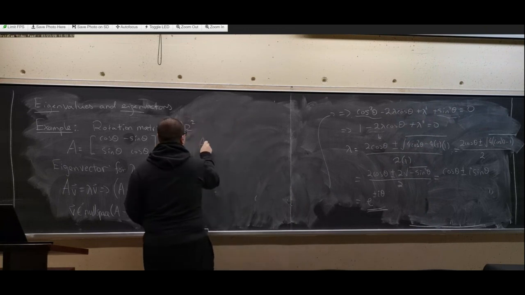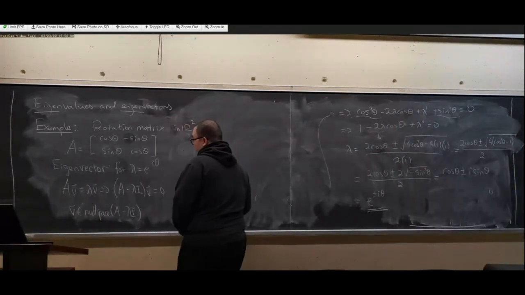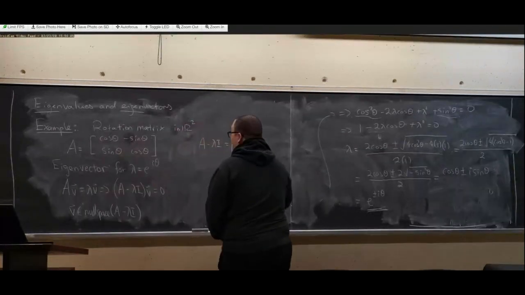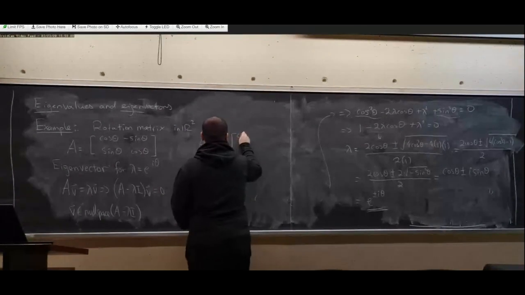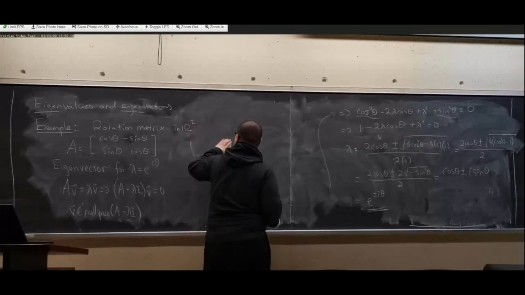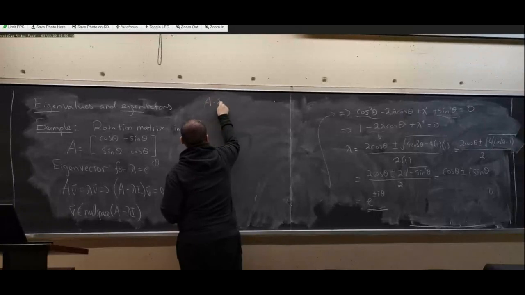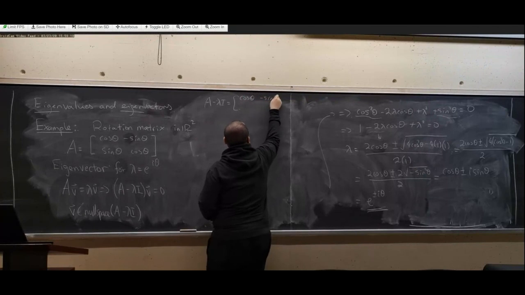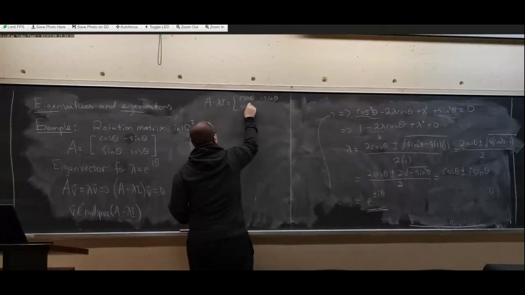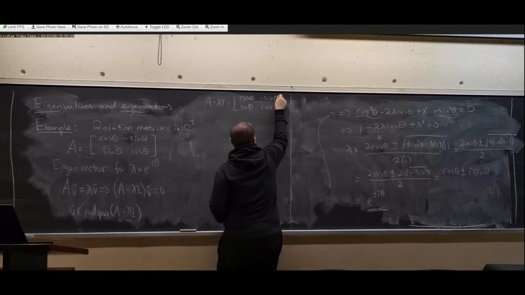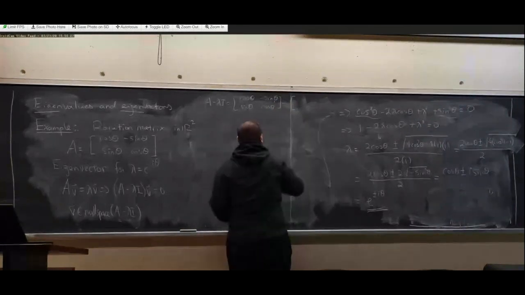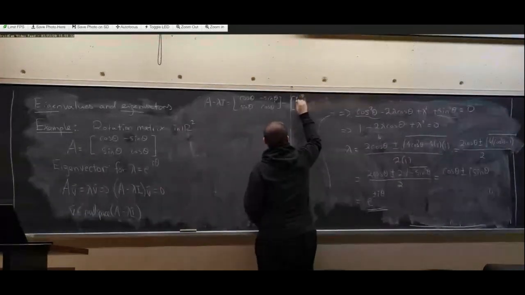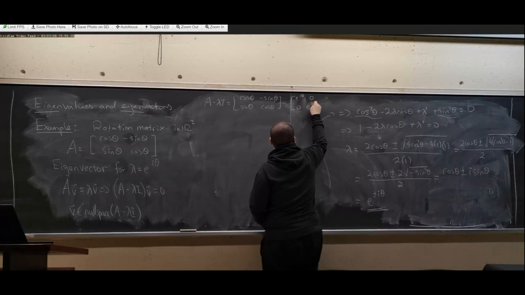So A minus lambda I, what is this equal to? Well, I have A, which is cosine theta, minus sine theta, sine theta, cosine theta, and I have to subtract lambda I. Lambda is e to the i theta, so this is e to the i theta, 0, 0, e to the i theta.